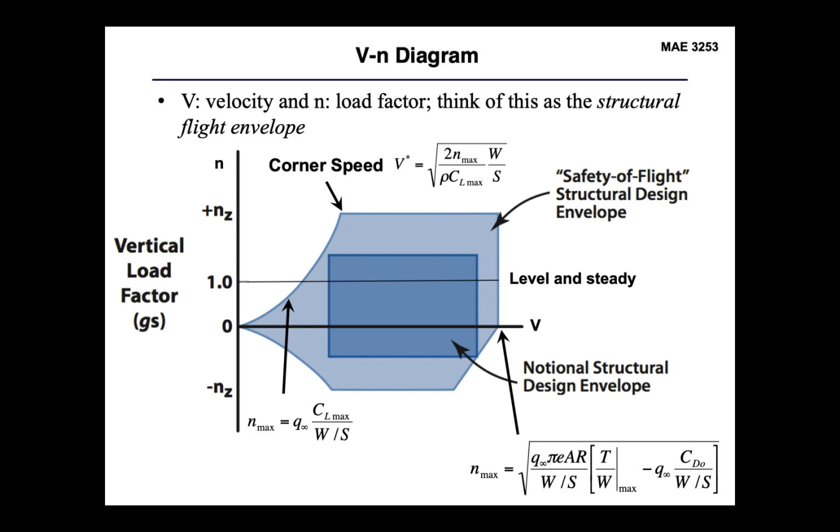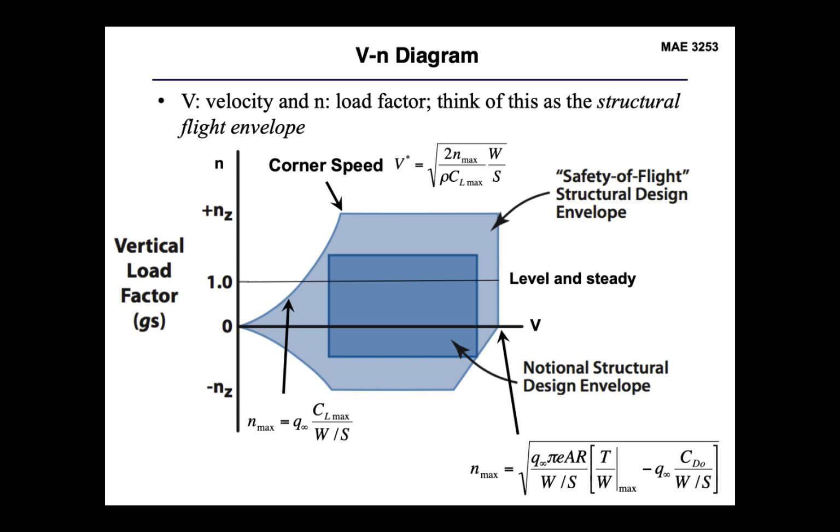Now there are a couple of bounds for this. On the left-hand side, we're going to have the stall locus for the aircraft. So that n-max curve is really just going to be determined by the wing loading, the dynamic pressure that you have at any given velocity and altitude, and the maximum lift coefficient for your aircraft.